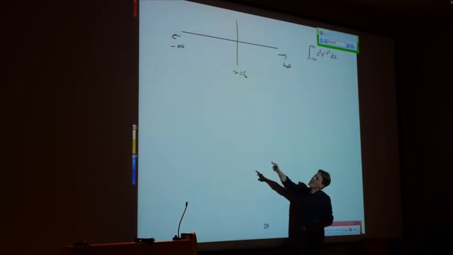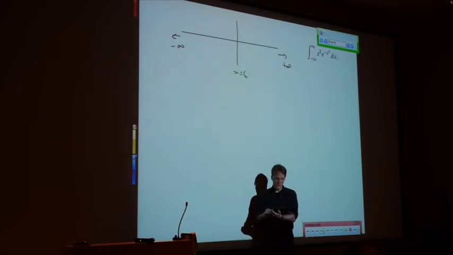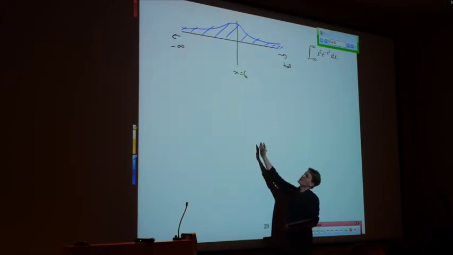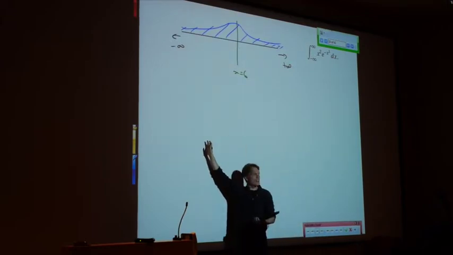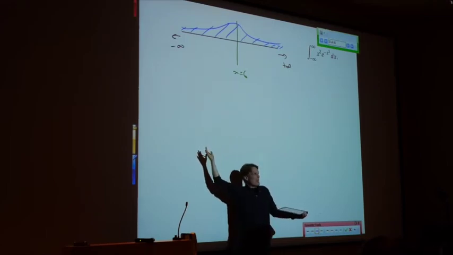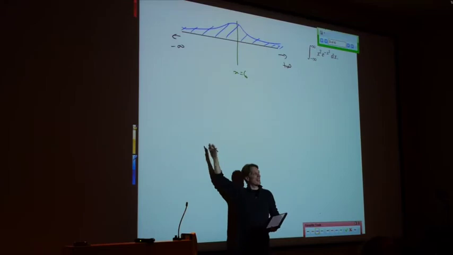This integral is the area beneath the graph. I don't know what the graph looks like, but I'm asking for this entire area here. If I cut it in two pieces at x equals 6, I should get the same area if I cut it at x equals -2 or x equals 0, right? It's an area. It shouldn't matter where I cut it if I'm going to add up the two pieces once I'm done.